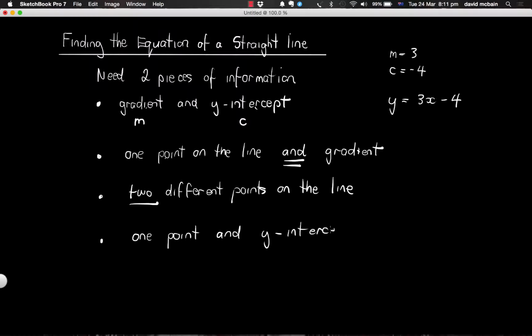Which actually, when you think about it, the y-intercept is just another point, isn't it? So this is just a special case of this. Okay, so to summarize, we now know we need two pieces of information in order to generate the equation of a straight line.